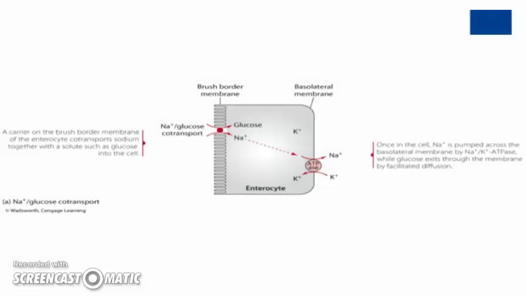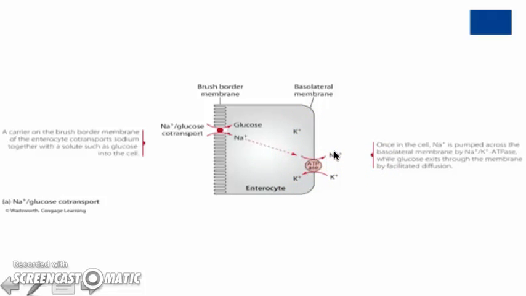First we see the sodium-glucose transport system. In more general and simple terms, as glucose enters the enterocyte through the brush border membrane, sodium follows. So we have sodium and glucose concurrently being absorbed into the enterocyte through the brush border membrane, and then for sodium to be transported out through the basolateral membrane, we have activity of the sodium-potassium ATPase.